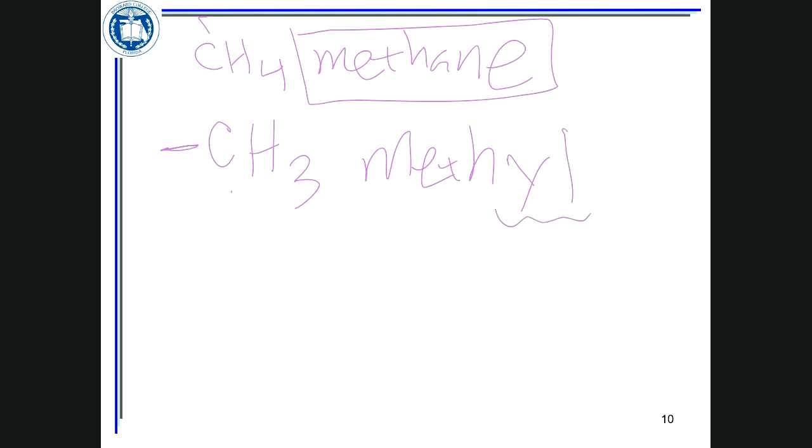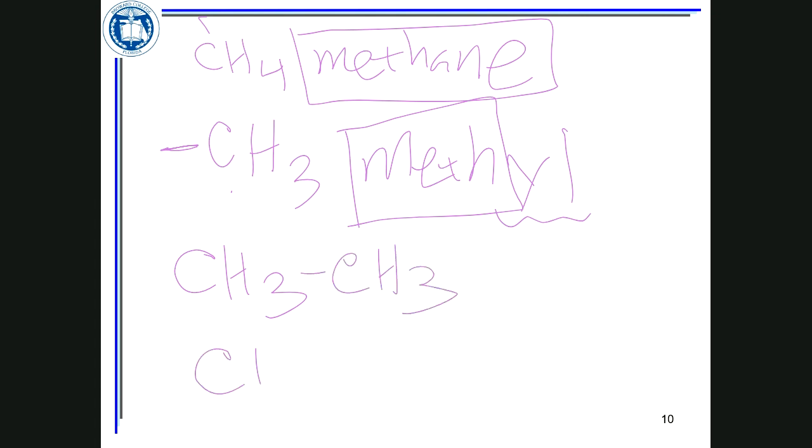Methyl means that it's 1 less hydrogen compared to the alkane that is coming from this number of carbon. So I need your help to tell me what would be the alkyl name that is coming from this compound if it loses 1 hydrogen.